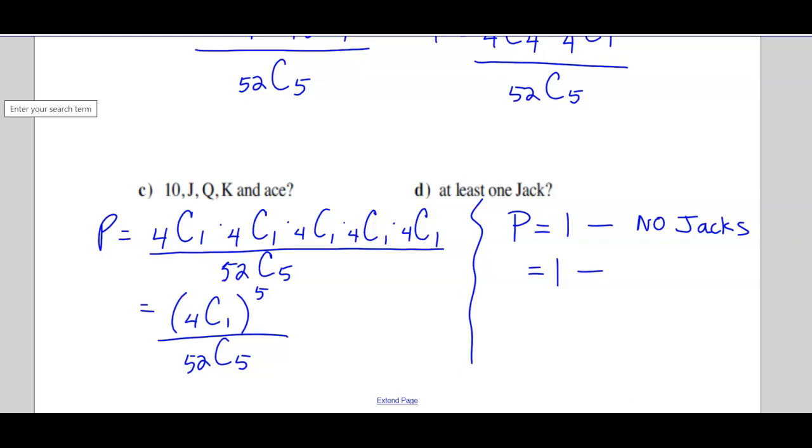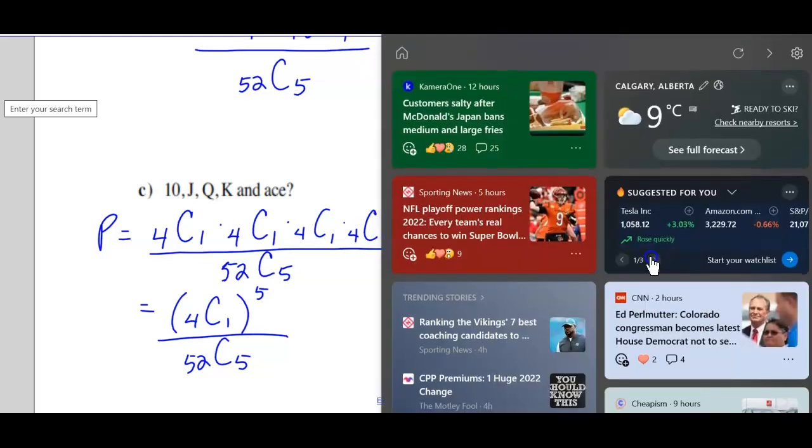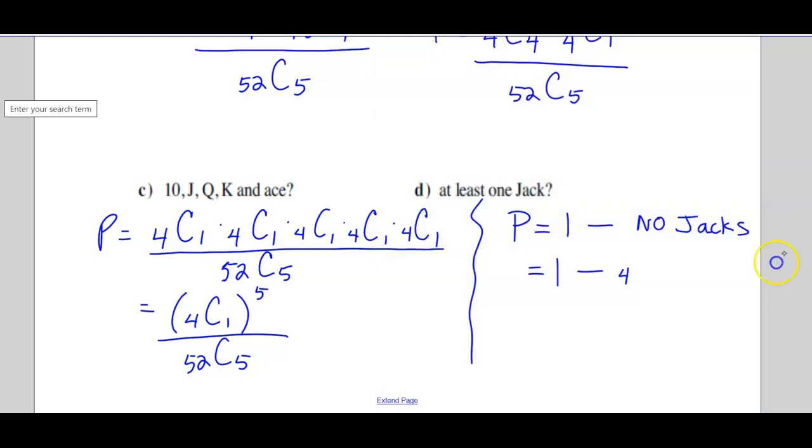So there's 4 jacks that you're choosing 0 of. Do you have to show that? No. How many non-jacks are there? 48 that you have to choose 5 cards from in that hand. 0 plus 5 is 5, over 52 choose 5.